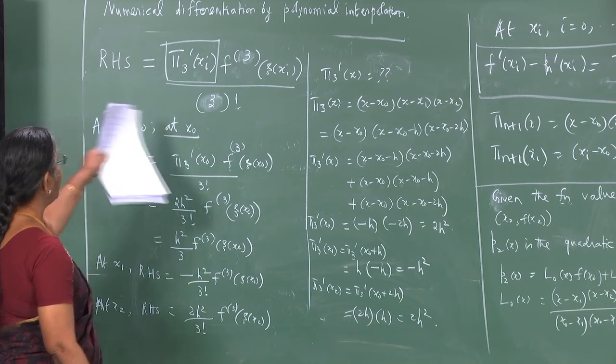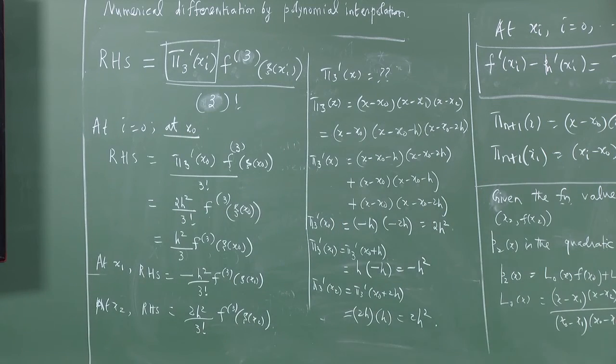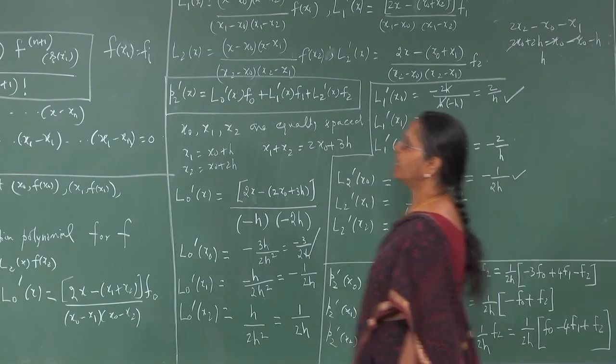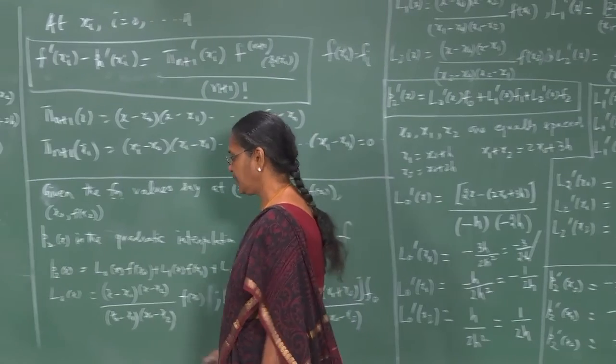So, we have the expression for the right hand side. We computed the derivatives of P2 at the nodes. So, we can now write down this estimate at all the nodes.